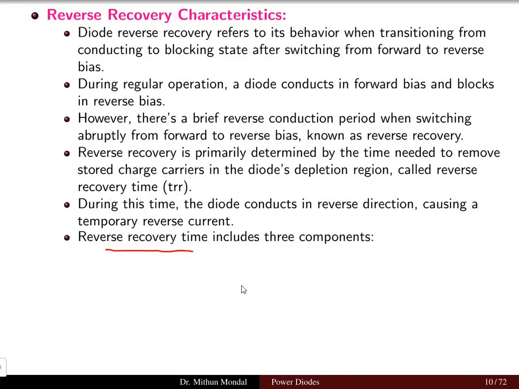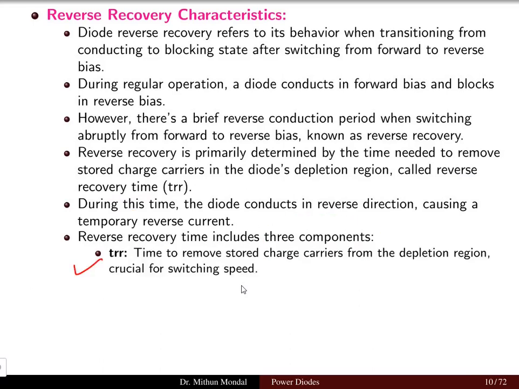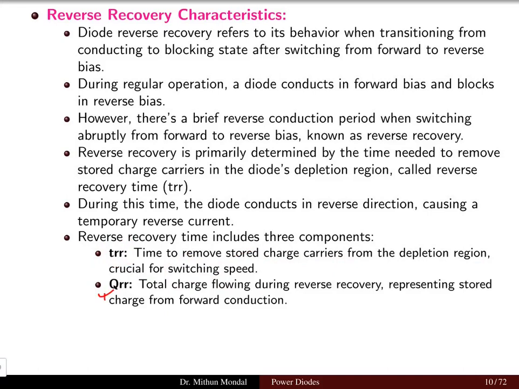Reverse recovery time includes three important components. First, the time to remove the stored charge carriers from the depletion region, which is crucial for the switching speed of the diode. So the charges have to be removed from the depletion region; only then will the switching speed be high. Second, QRR, which stands for the total charge flowing during the reverse recovery.